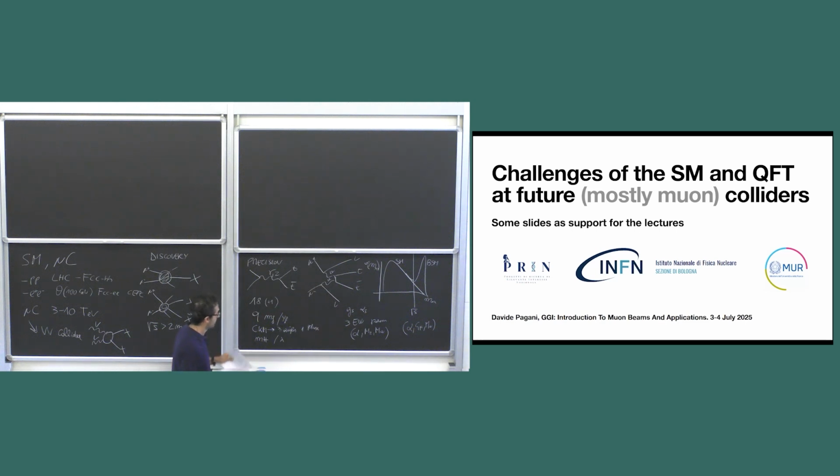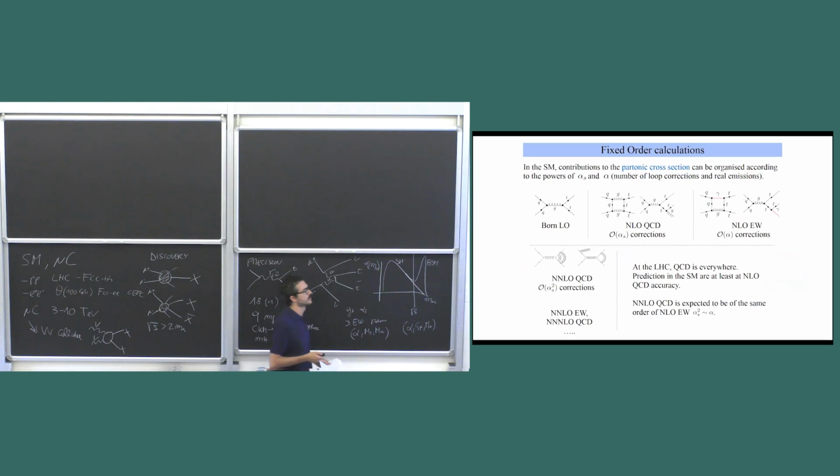And so we will come back to this later, but when I refer to precise prediction, you typically use the language of fixed order calculation, where you organize your computation in different orders, number of loops.